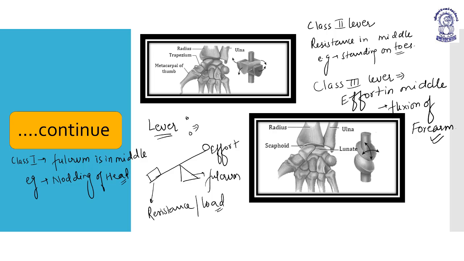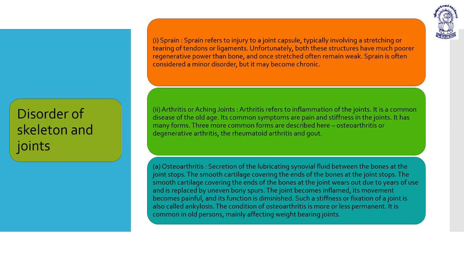Now we will talk about the disorders of skeleton and joints. Sprain refers to injury to the joint capsule, typically involving stretching or tearing of tendons or ligaments.